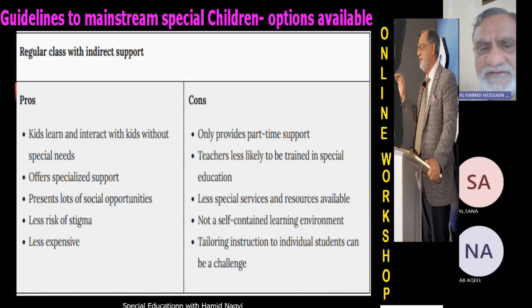And its demerits are that it only provides part-time support, teachers are less likely to be trained in special education, fewer special services and resources are available, it is not a self-contained learning environment, and tailoring instruction to individual students can be a challenge.